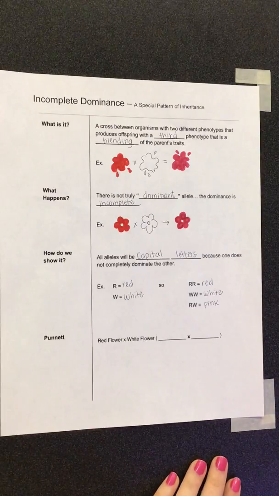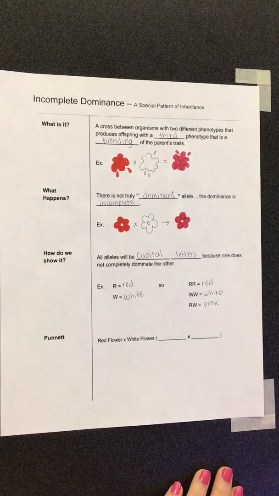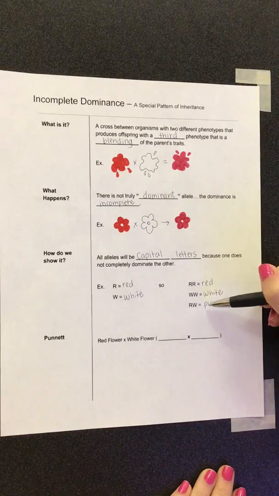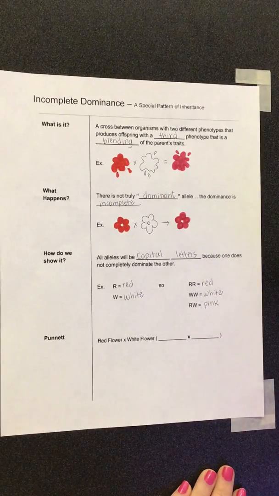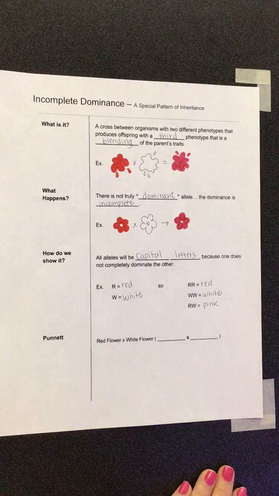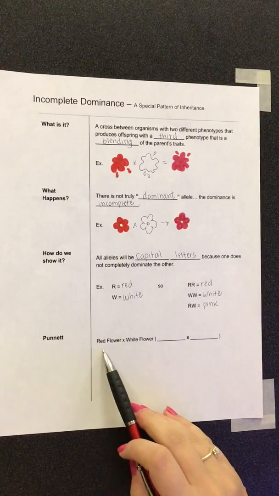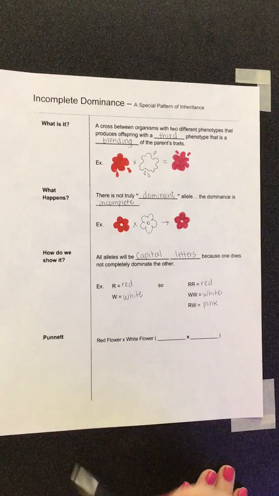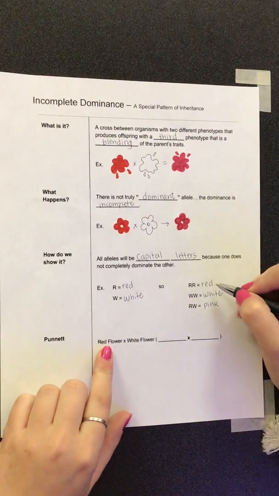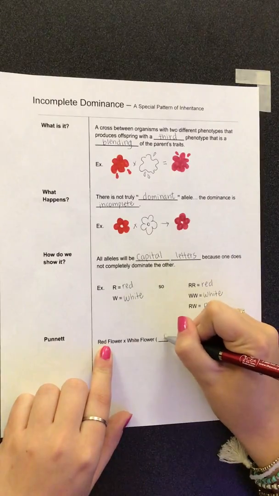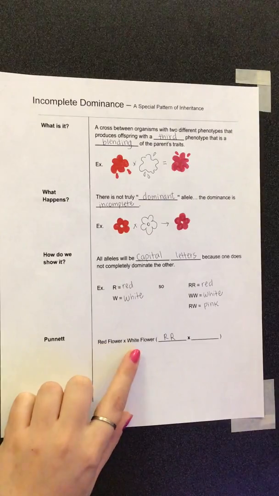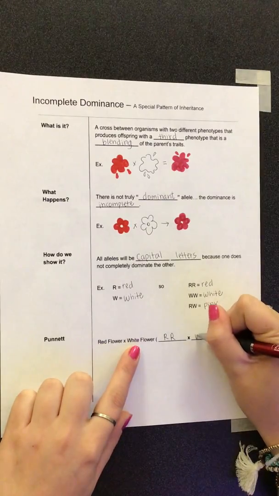Just like in codominance, because there is only one way to be each phenotype, if I know the phenotype, then I know what the genotype has to be. So they gave me my parents, a red flower and a white flower. The only way to be a red flower is to be RR. And the only way to be a white flower is to be WW.